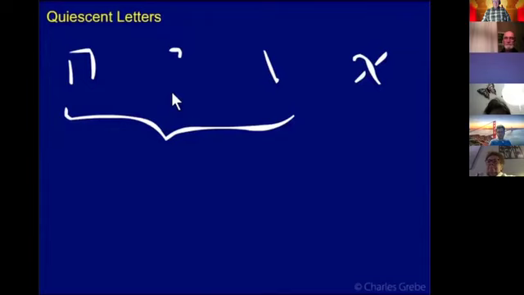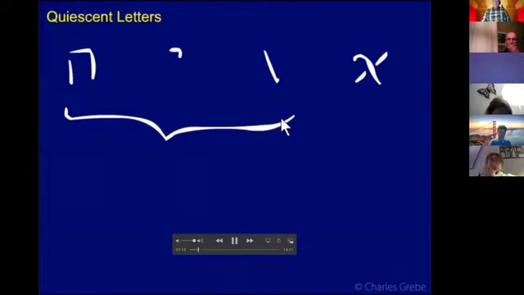And these are the consonants that were used, sometimes as consonants, and sometimes to mark vowels. When they are used as vowels, they're called maters or matres lectionis. Now, it's not surprising then that these are the ones that can quiesce. They can cease to function as a consonant and blend with the previous vowel.